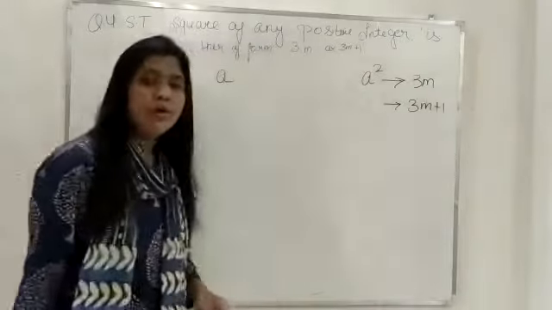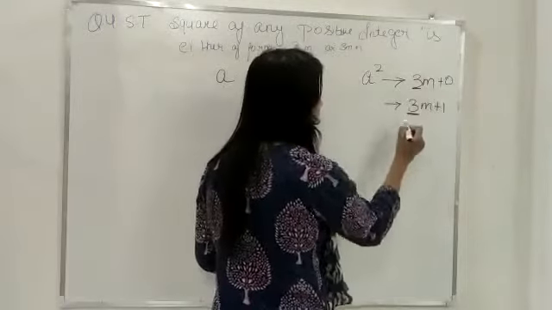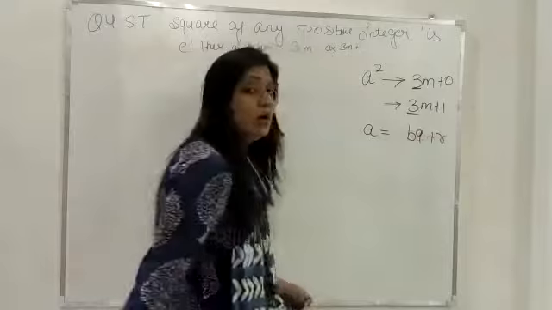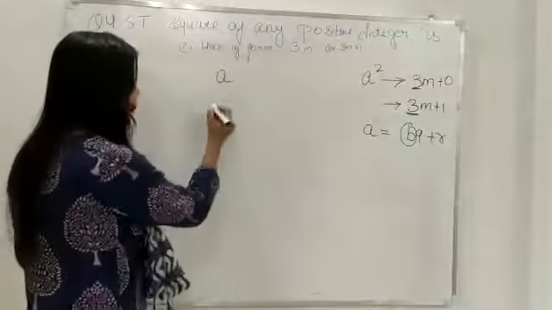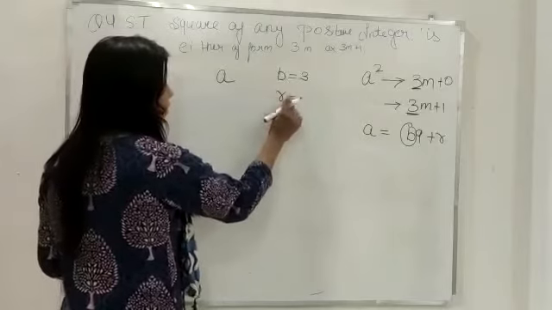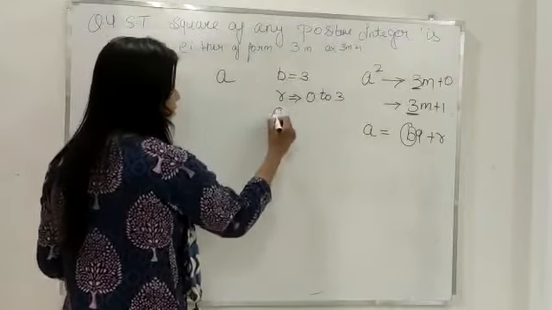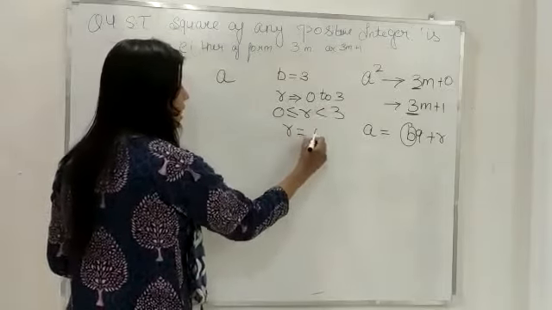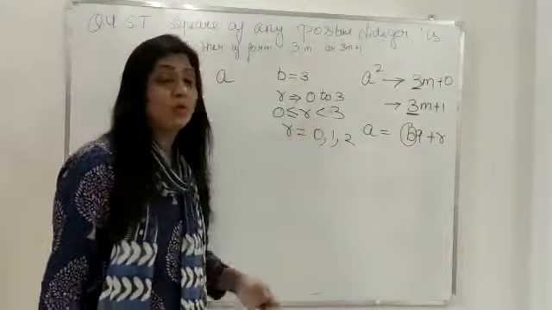Since here I am getting 3, I will compare it with bq plus r, and take my b as 3. If b is equal to 3, the remainder is between 0 and 3, right? 0 is less than or equal to r, which is less than 3. So your r will be either 0 or 1 or 2. It will not be 3 because r is not equal to 3.